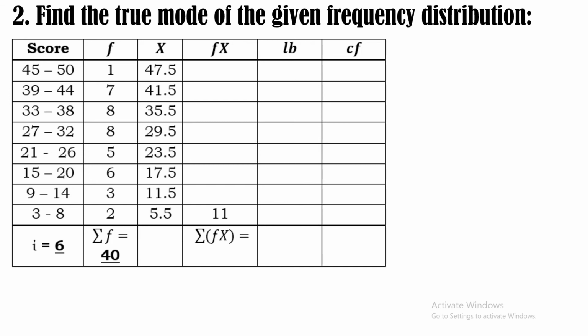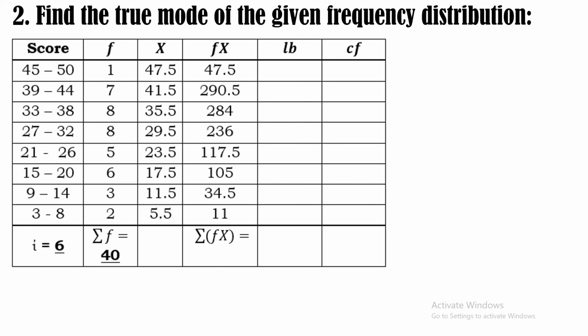Followed by 3 times 11.5, that is 34.5, followed by 6 times 17.5, which is equal to 105. 5 times 23.5 is 117.5. 8 times 29.5 is 236. 8 times 35.5 is 284. 7 times 41.5 is 290.5. And 1 times 47.5 is, of course, 47.5.